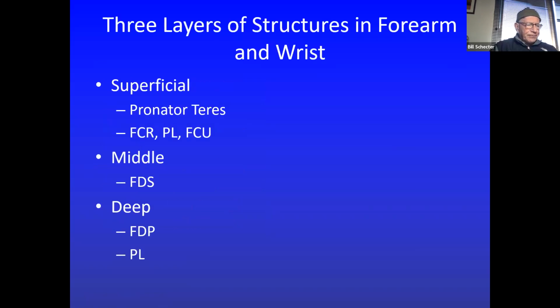Now, let's go a little bit more proximal in the forearm. You will remember from your anatomy, or maybe you won't remember, but we're going to reemphasize it, that in the forearm, the muscles and tendons are arranged in 3 layers.